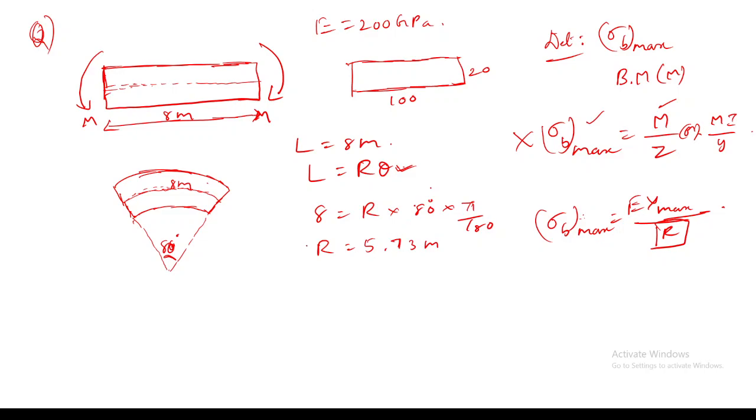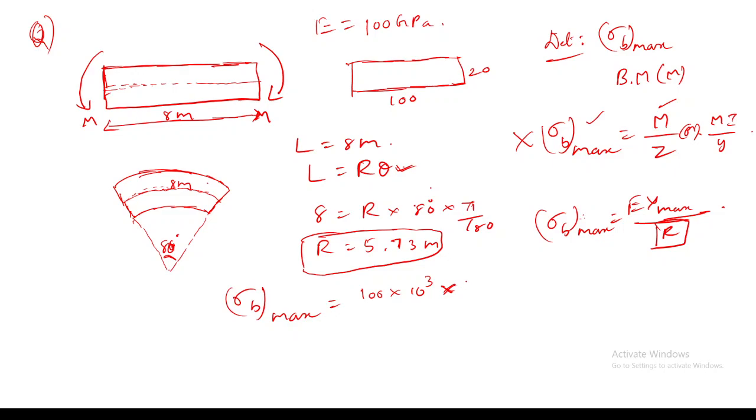After knowing this radius of curvature, you can actually find the value of sigma B max, the maximum bending stress, which is equal to E into Y max divided by R. So what is the value of E? Actually the value of E should be 100. I am always substituting in megapascal, since the loading is in newtons and the dimension is in millimeters.